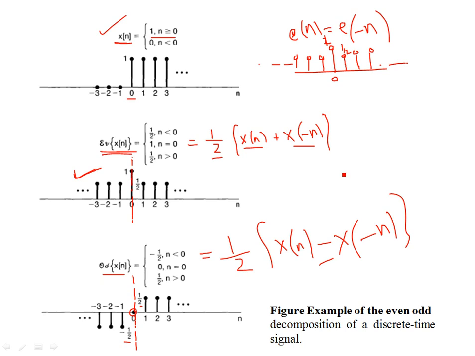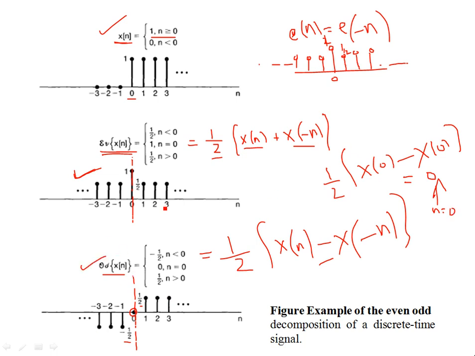But at n equal to 0, what's going to happen is half of x of 0 minus x of 0, so the two samples are the same. So you see, the odd decomposition must enforce a 0 at n equal to 0. This is important over here. This is an odd decomposition of the signal.